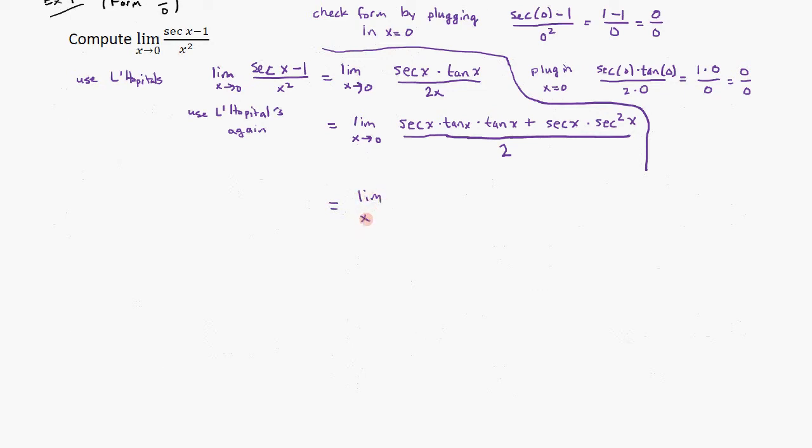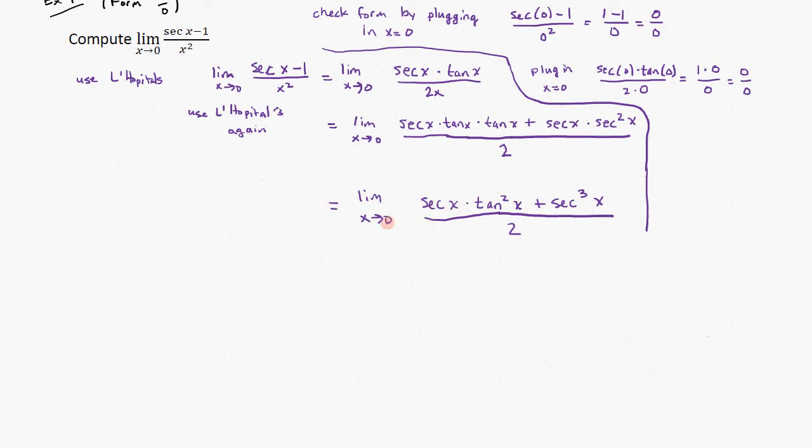We have the limit as x goes to 0. Secant x times tangent x times tangent x becomes tangent squared x, and secant x times secant squared x is secant cubed x, all over 2. Now this is our new limit.